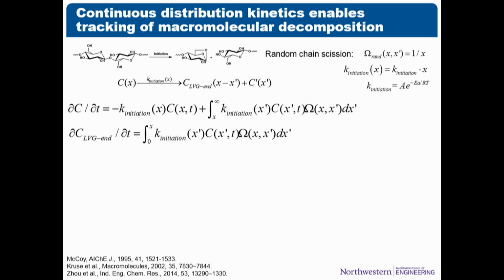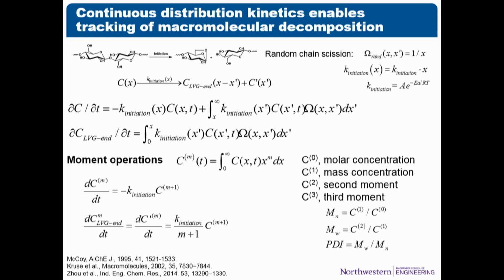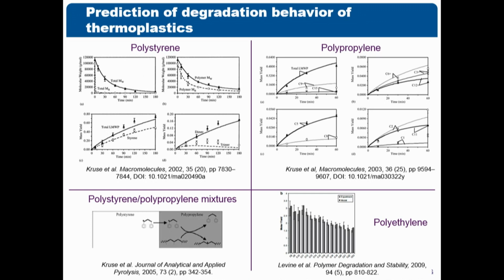But we put together the equations that describe the decomposition of polymer into oligomers. So we're monitoring the molecular weight decay, but we're also monitoring the evolution of small products. So remember, the goal here was pyrolysis for fuels and chemicals. So we want those small molecules, the monomers, that are formed. So we have the foundation based on this moment-based continuum model. We've got everything, and these are the kinds of results that we can get.